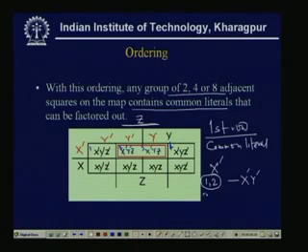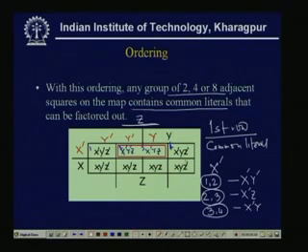Similarly, if it is 2, 3, then x dash is as it is and z is common. Similarly, for the 3, 4 group, x dash and y are the common literals.